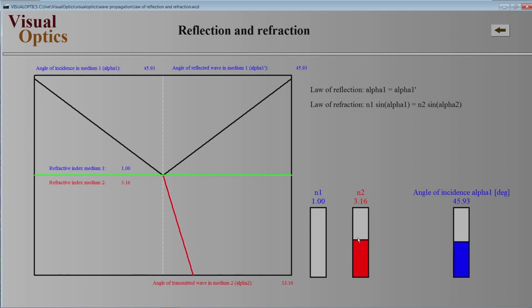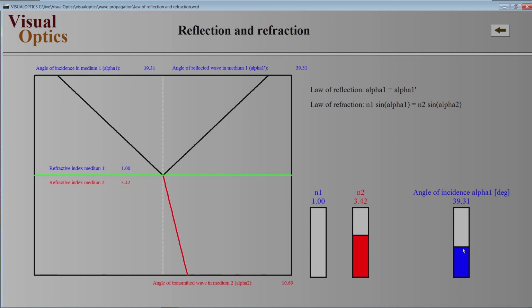In high refractive index materials like silicon, it's only 12 degrees, although we are incident at 45 degrees or 46 degrees in this example. So the radiation is very much concentrated to very small angles here.